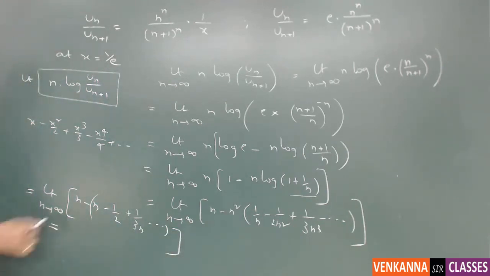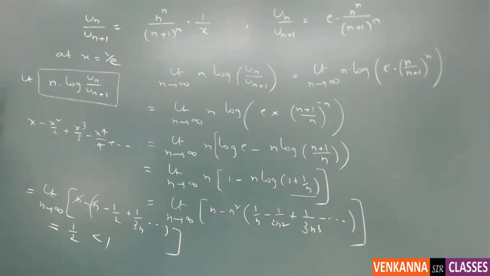The value is, as n gets cancelled, 1 by 2. Please check that. So since the limit value is less than 1, by the logarithmic test, the given series is divergent. This is the conclusion.